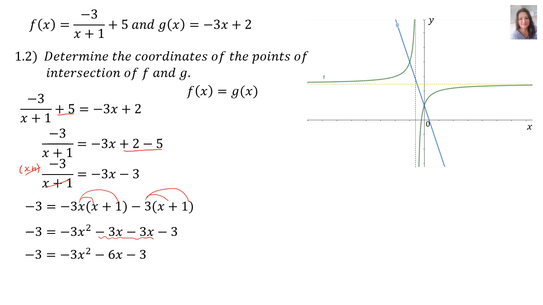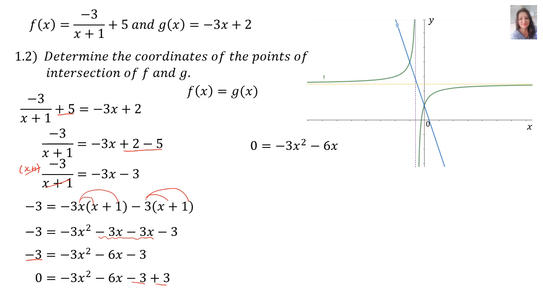Then this minus 3 will walk across and it becomes plus 3 on the right hand side. And here you can say negative 3 plus 3 is 0. Then 0 is equal to minus 3x squared minus 6x. Now you want to factorize, but you cannot factorize if there is a negative in front of x squared.